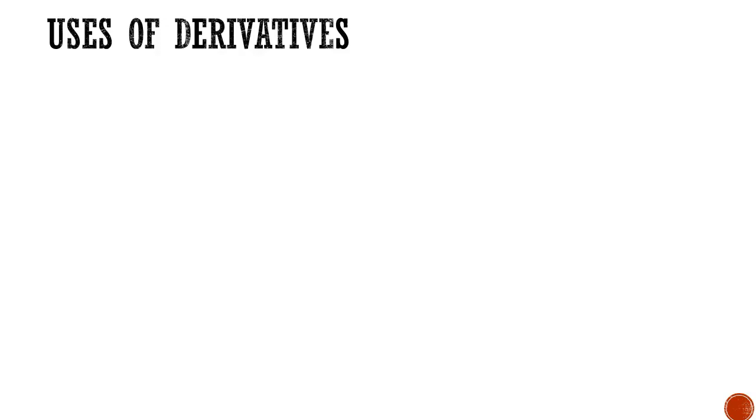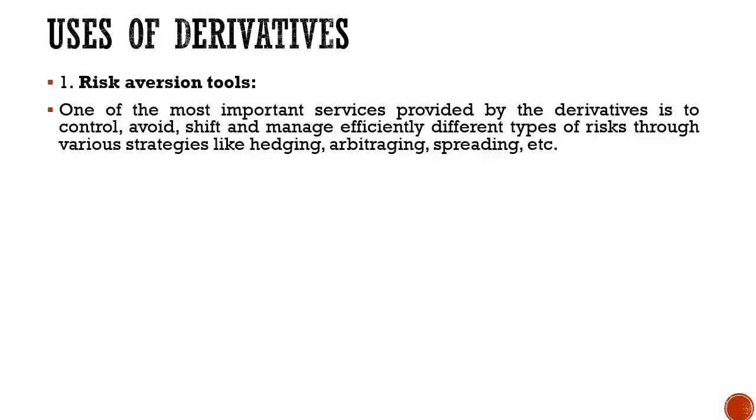Now let us learn what are the various uses of derivatives. Number one, the risk aversion tool. One of the most important services provided by the derivative is to control, avoid, shift and manage efficiently different types of risk through various strategies like hedging, arbitraging, spreading, etc. Again, derivatives is basically used for your risk management.